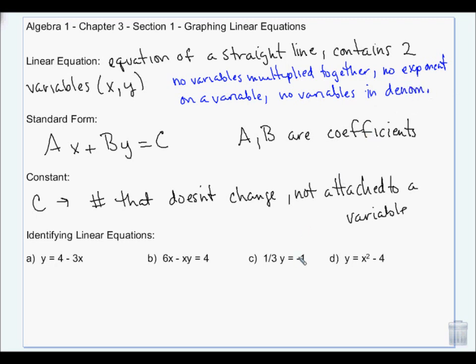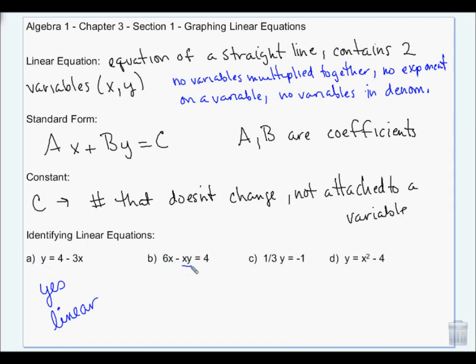So if we look here, I have y equals 4 minus 3x. There's no exponents, there's no variables in the denominator, and there's no variables being multiplied together. So this is linear, and this would give me a straight line.